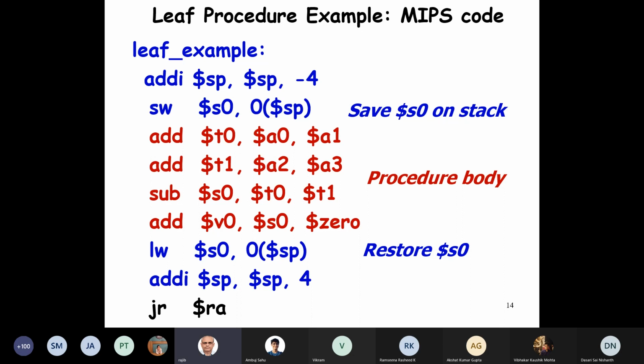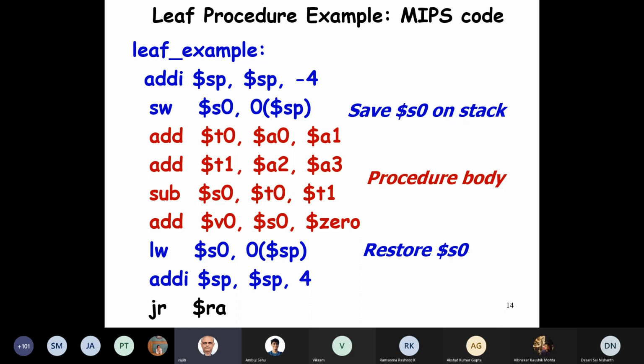And then having put the result in V0, we need to restore the S register. The saved register we need to restore as a courtesy to the calling procedure. Otherwise, the calling procedure will get a wrong value. So we load word whatever is there on the top of the stack, load onto S0, and then we increment the stack pointer, because remember the stack was growing downward.